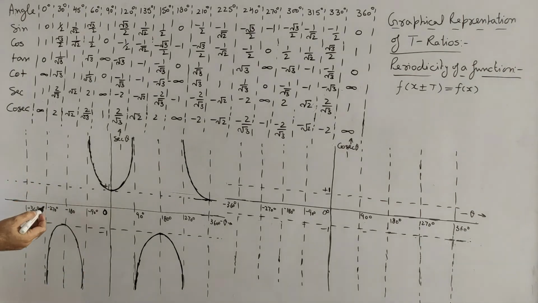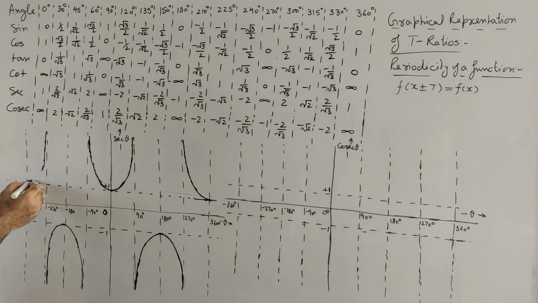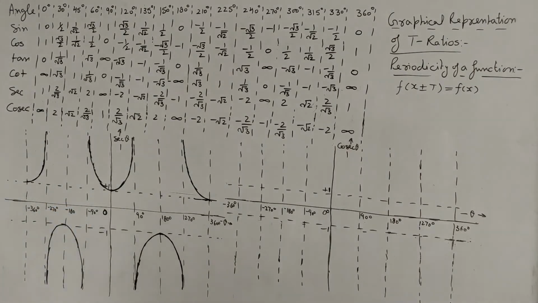Also for minus 270 to minus 360 degree, that is the first quadrant, the value of sec theta will be positive, and at a value just less than minus 270 it will be plus infinity, and at minus 360 degree it will be the same as at 0 degree, that is 1. So it will be the pictorial representation of sec theta with angle theta.